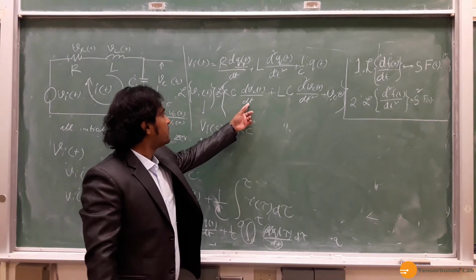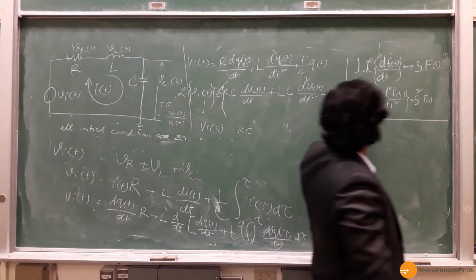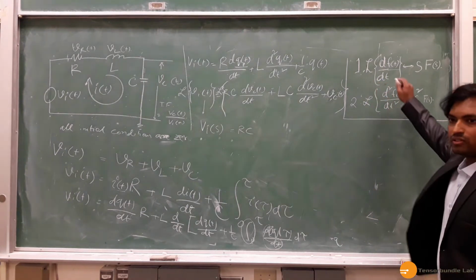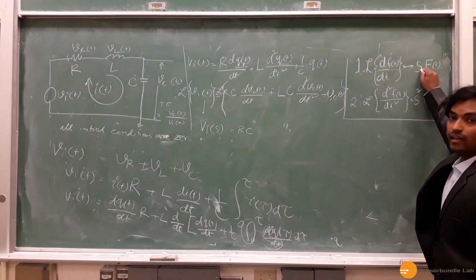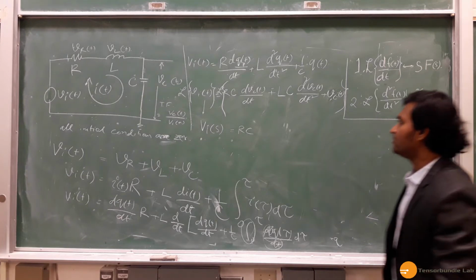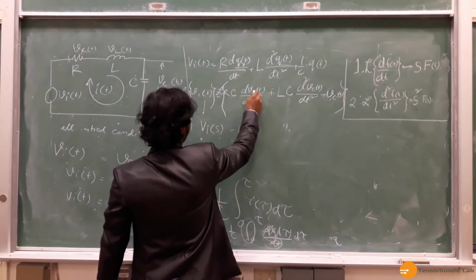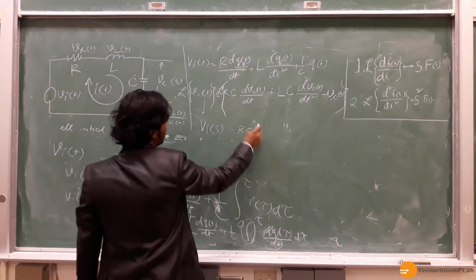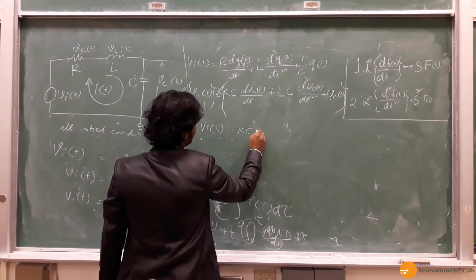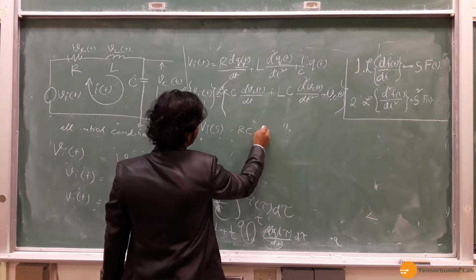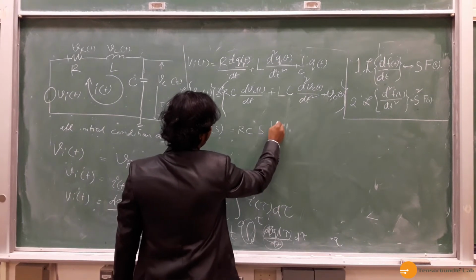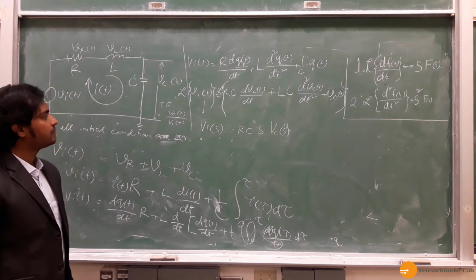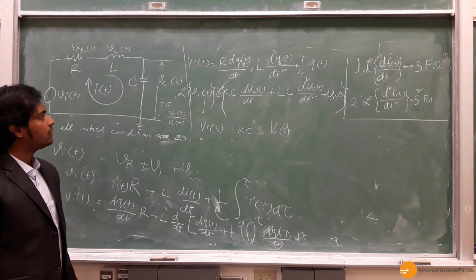Remember the first theorem: if we take the Laplace transform of a differential equation of first order, we get an S variable multiplied by the function. We will apply the same theory here. We have a differential here, and if we take the Laplace transform, then it becomes S multiplied by the function in S domain.